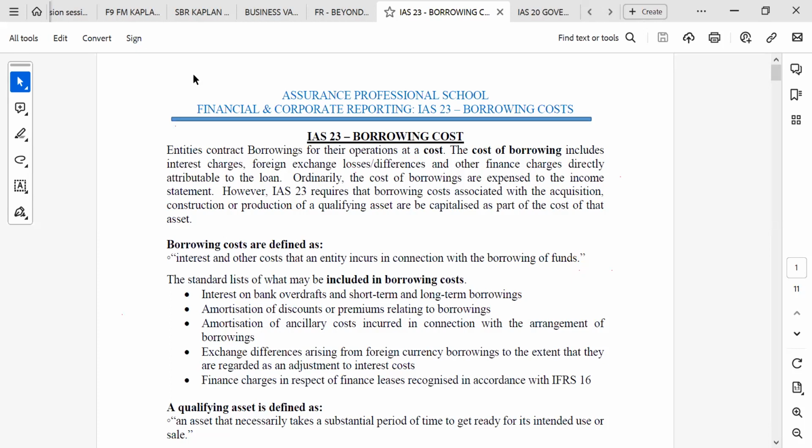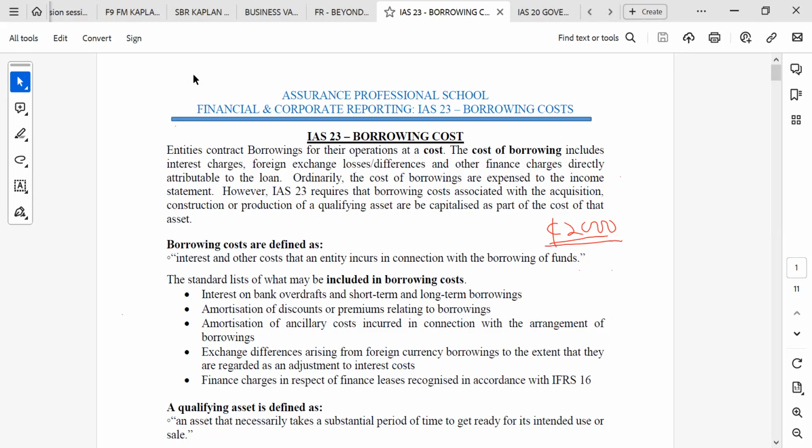Okay, let's now come here. Let's assume that we have taken 2,000 USD to finance the construction of the assets. At the end of every year, we are going to be fair valuing the loan, because we are going to pay in a foreign currency.